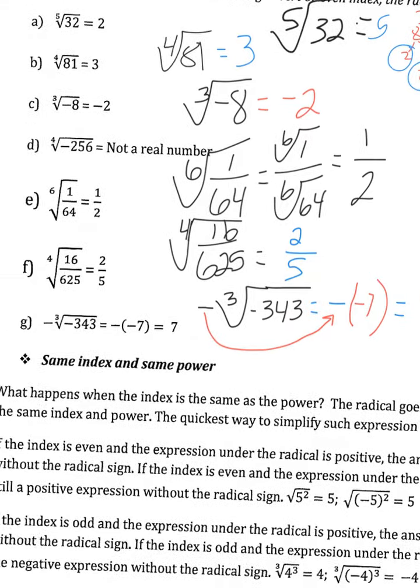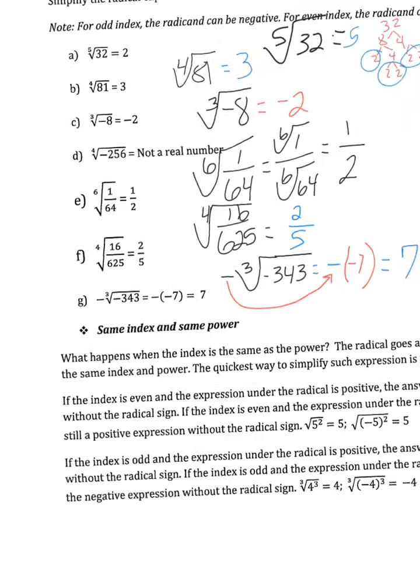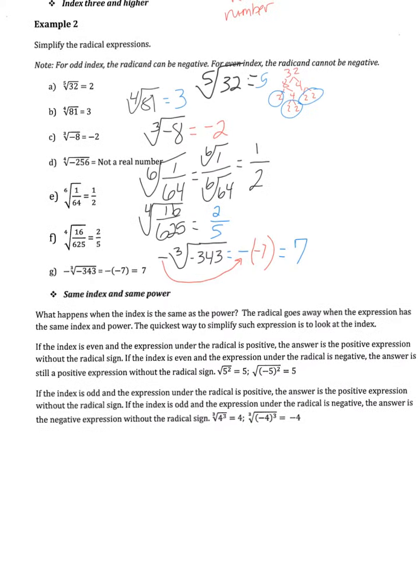So down here, further on down the page, we have a little explanation. What happens when the index is the same as the power or as an exponent? The radical goes away when the expression has the same index and the same exponent. The quickest way to simplify such an expression is to look at the index.